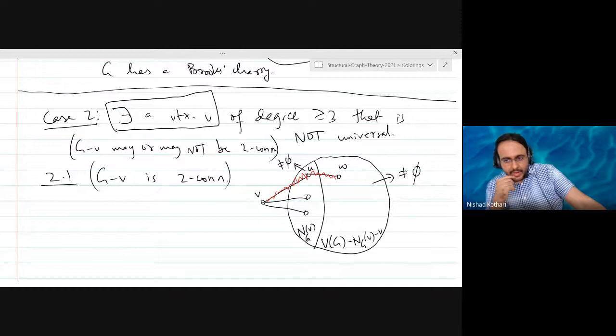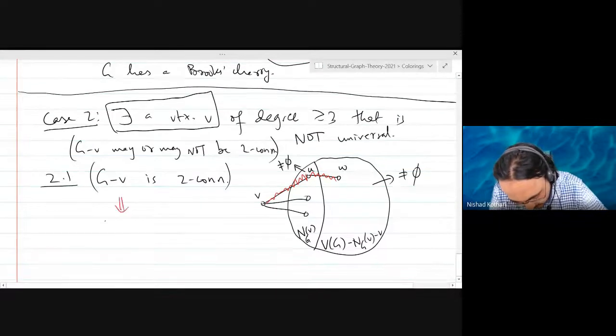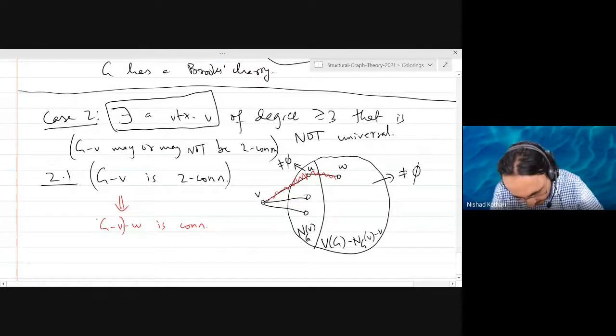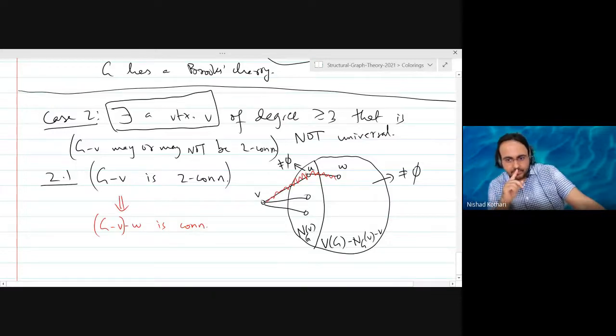Why? Because of our assumption G minus V is two connected, it implies that G minus V minus W is connected. This is a two connected graph, and I am removing one vertex, so I still have a connected graph. And V and W are not adjacent by the way we chose W. W is the vertex that is not a neighbor of V.